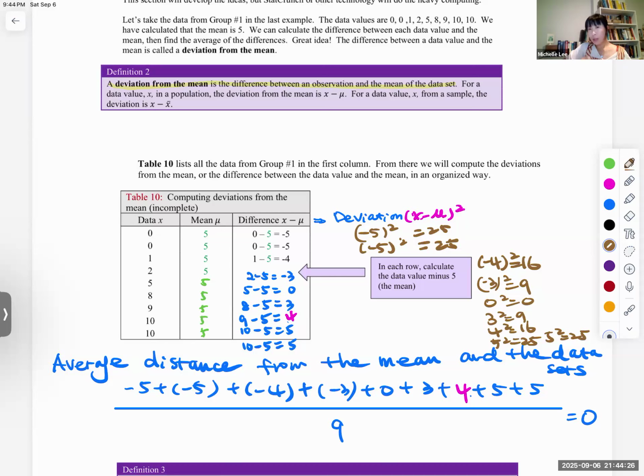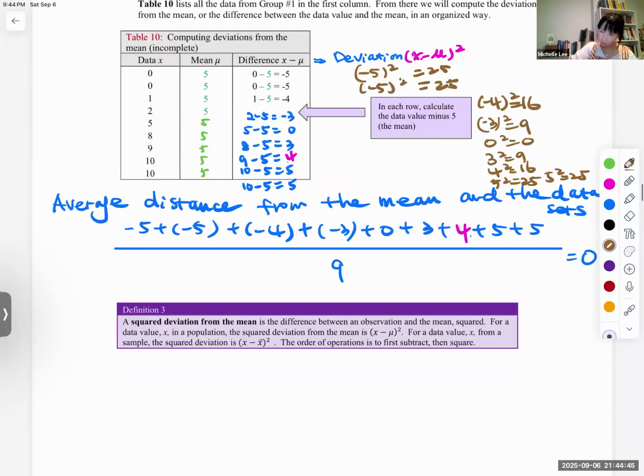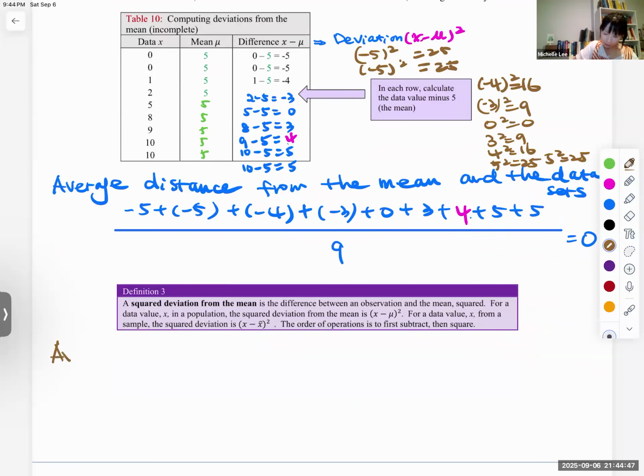Okay, we make the addition. Same as earlier, we want to take the average distance from the mean in the data set. So let's add everything up and divide by 9.